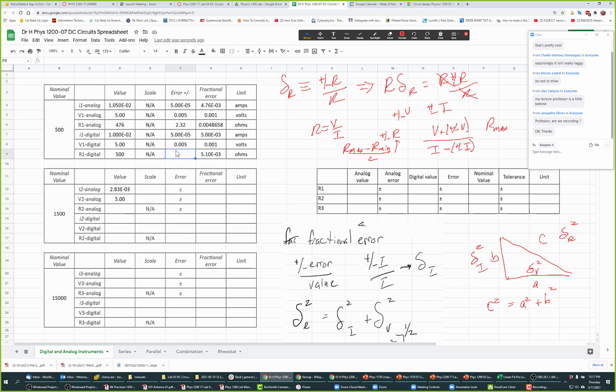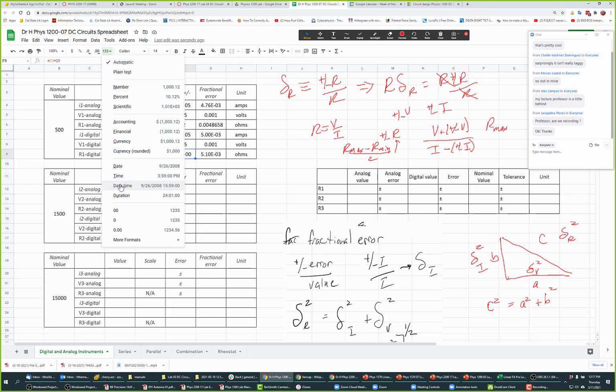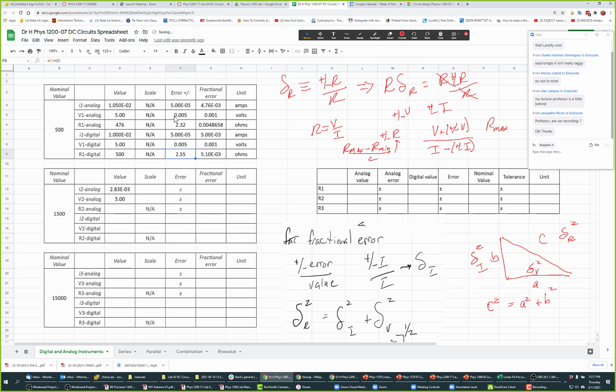Notice that the plus minus here equals R times the fractional value, and I want to make that a number. Notice that the difference between them is 24 ohms, and the plus minuses do not cover the difference.